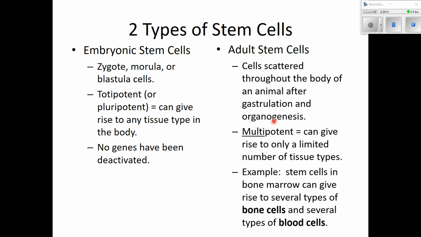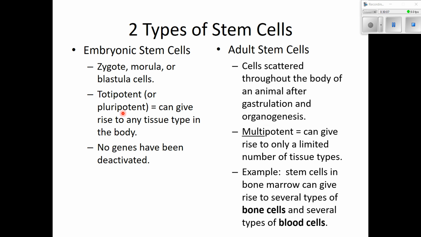There are things that you can do to the cells to switch back on the genes that were switched off early in embryonic development. So in other words, you can take cells from an adult human or an adult animal and basically trick those cells into becoming pluripotent again.